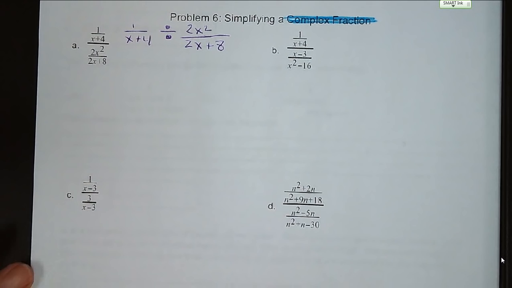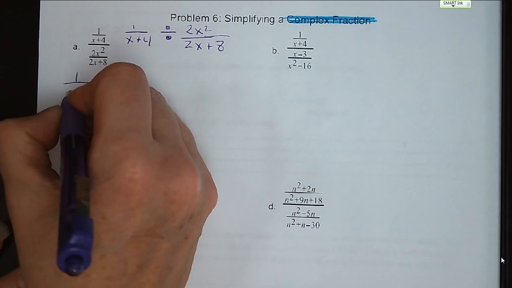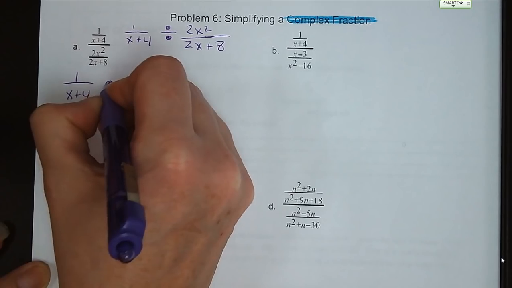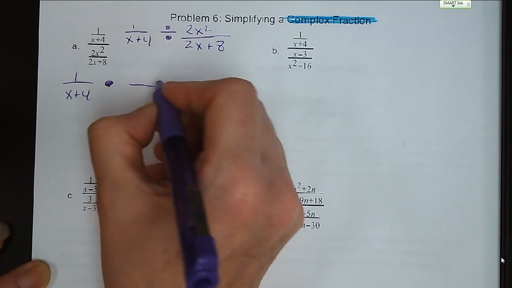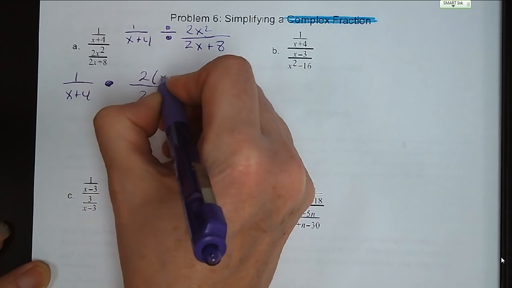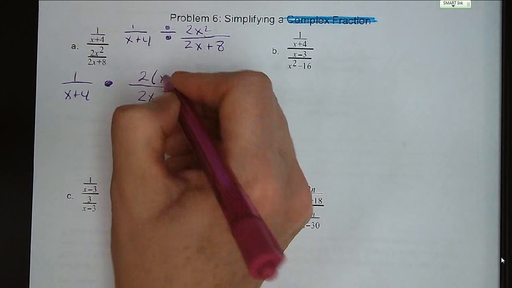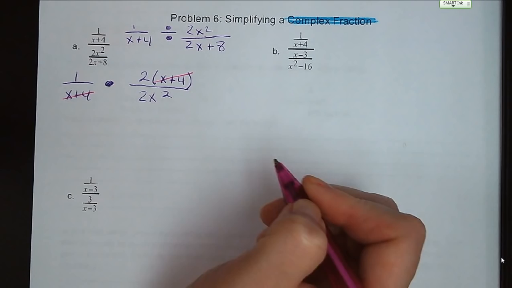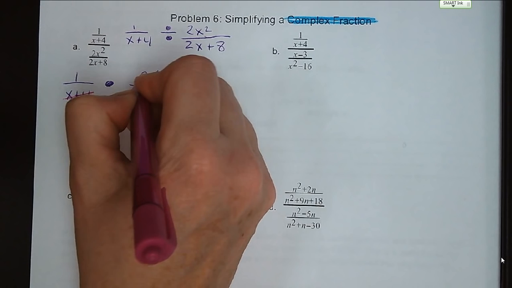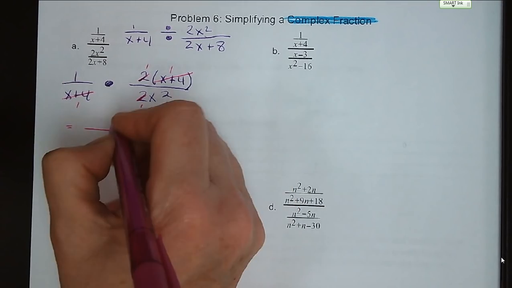So keep, change, flip. And we can factor out 2. We're left with x plus 4. X plus 4s are going to cancel out. Our 2's cancel out. And we're left with 1 over x squared.